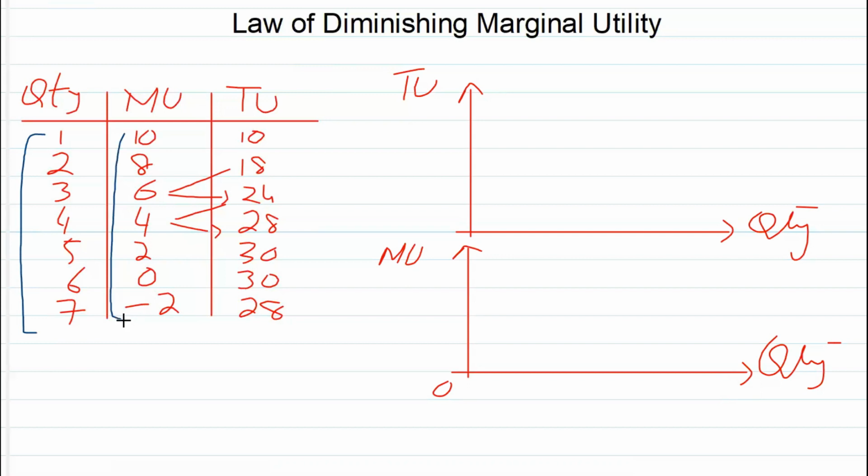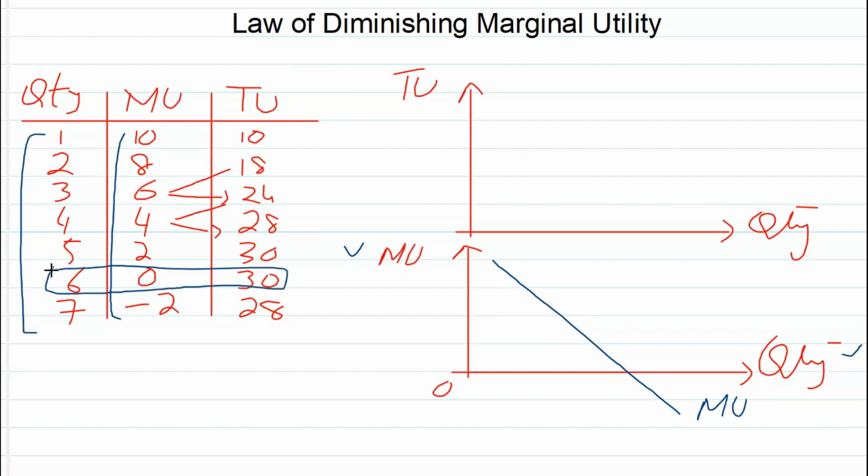So the relationship between quantity and marginal utility is negative. When we draw the line to show marginal utility, it would be negatively sloped, because of the negative relationship between quantity and marginal utility, the curve would be negatively sloped.